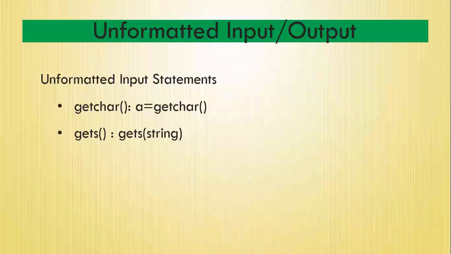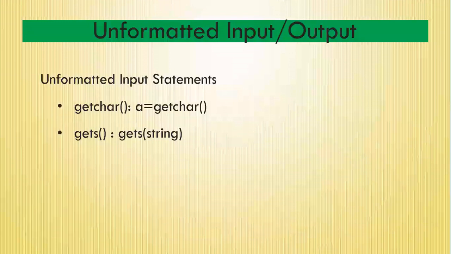Unformatted input output statements are primarily concerned with reading character data type from the keyboard. The getchar and gets functions are the two functions used for this purpose.